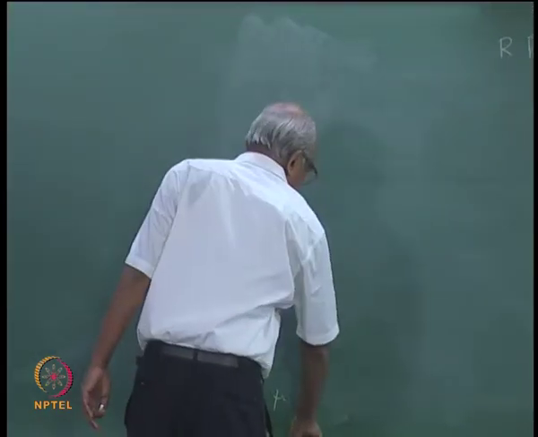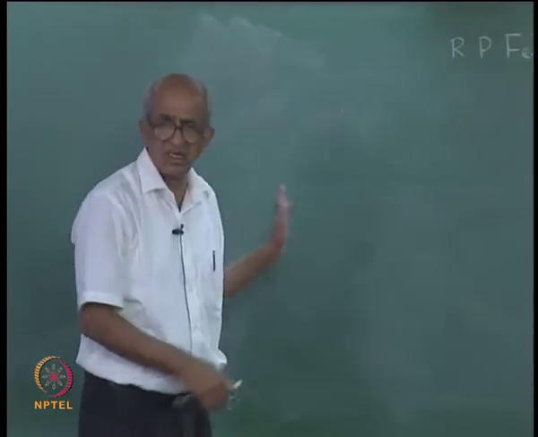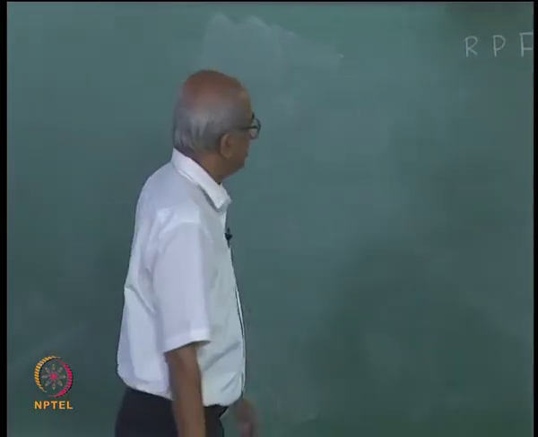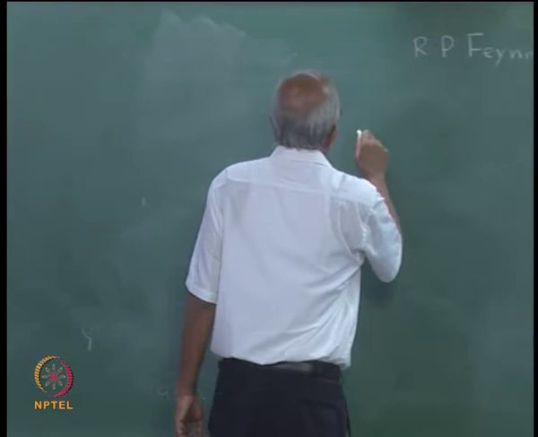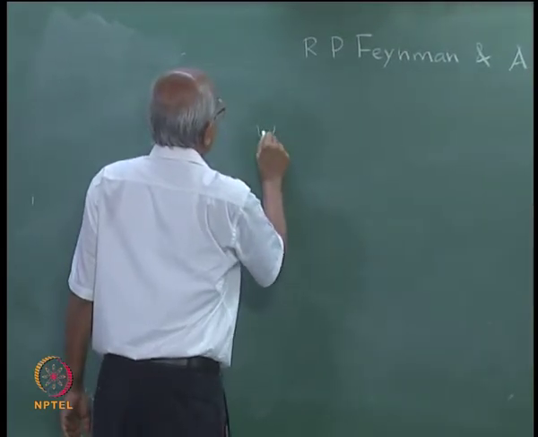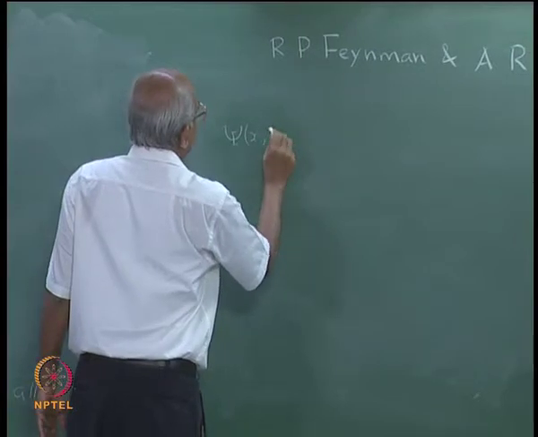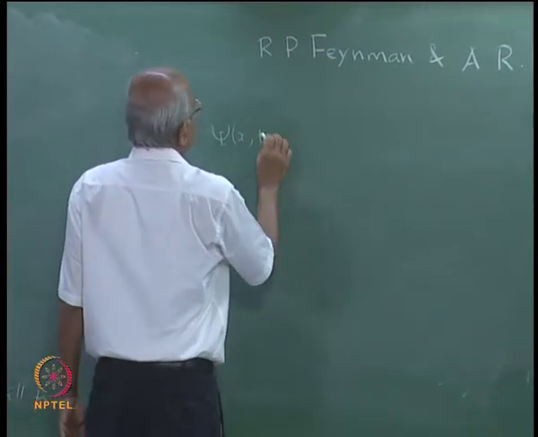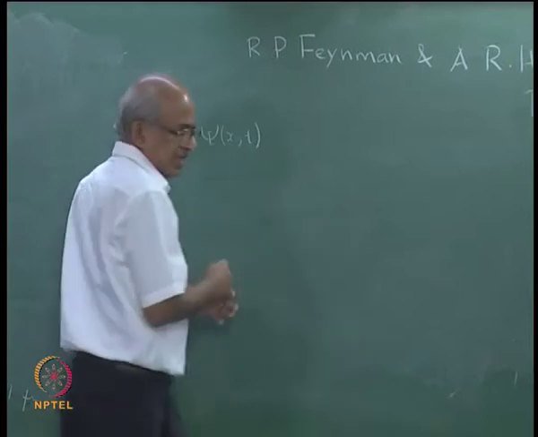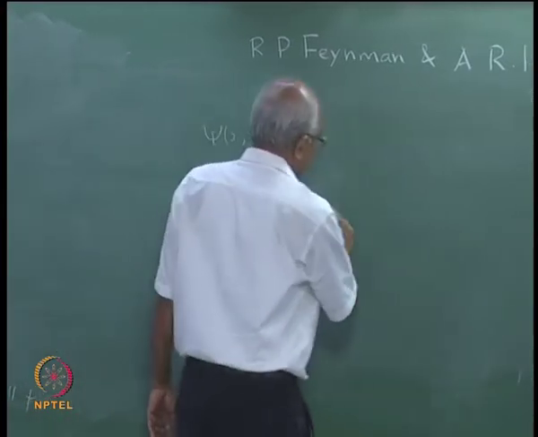Let us take this one dimensional system, hydrogen atom perhaps vibrating perpendicular to the surface. In that case, the probability that the hydrogen atom is between x and x plus dx, let me be very clear.